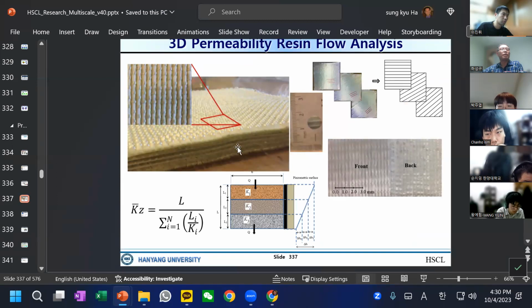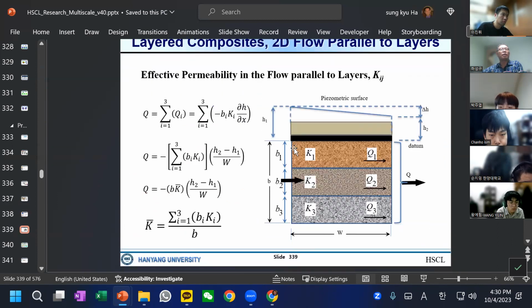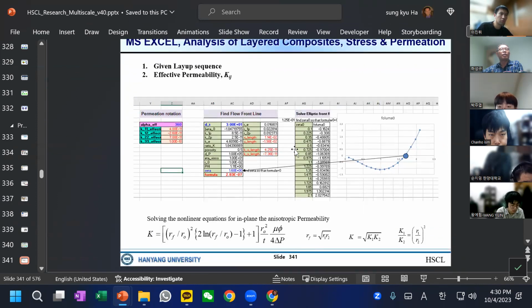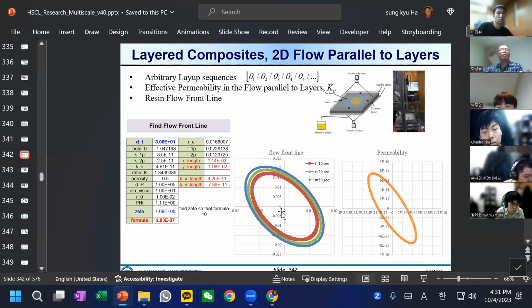Now we have many layers, and how can we calculate the overall permeability? We can solve this equation, and this can be developed in Excel. So again, this is the flow front line.